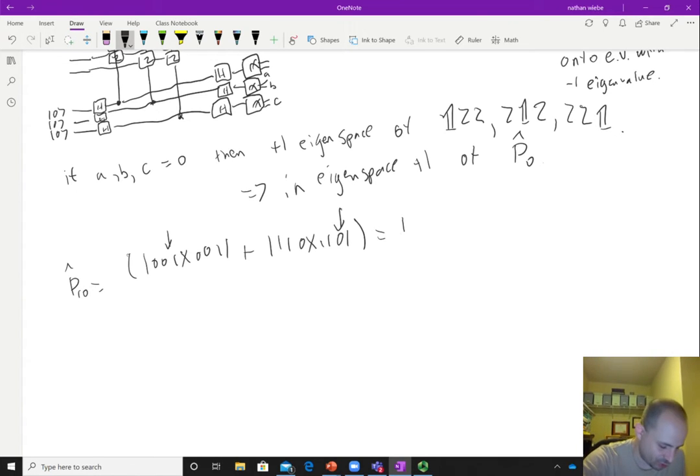This can actually be written as something that looks almost identical to what we had before, but with different signs on it.